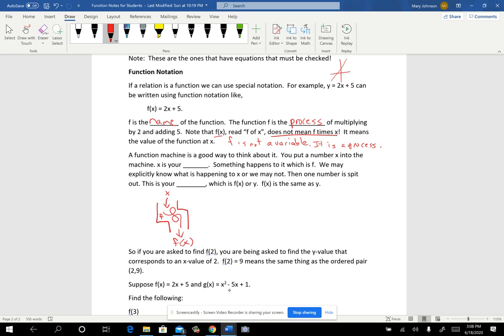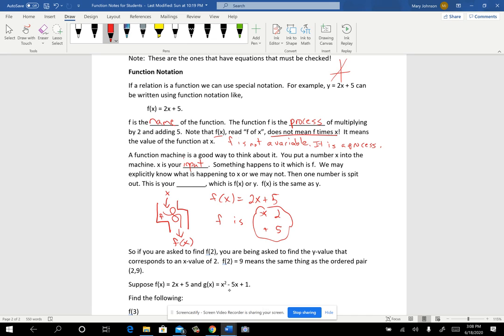So in our case, when you have f of x equals 2x plus 5, like we said, f is the multiplying by 2 and the adding 5. It's this process. It's not a variable. The x is really your input, and then something happens to it. That's what f is. We might know what that is. We might have the rule like we do here, f of x equals 2x plus 5, but we may not know exactly what the process is.